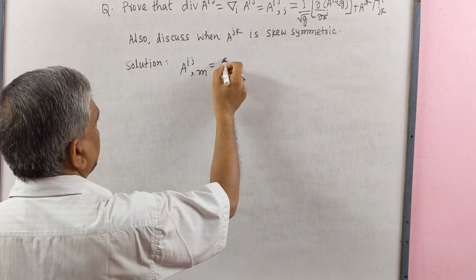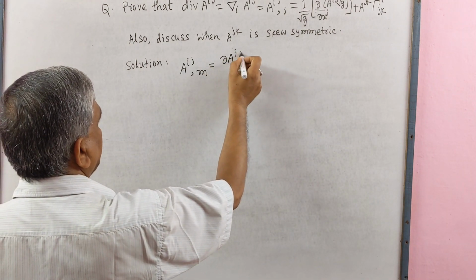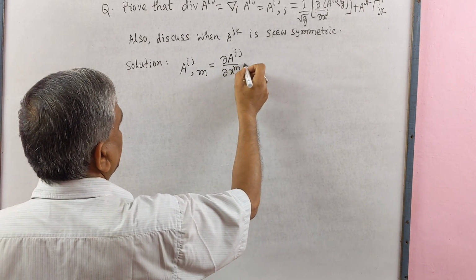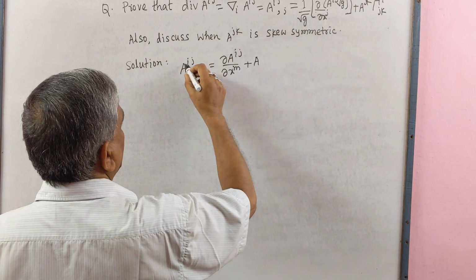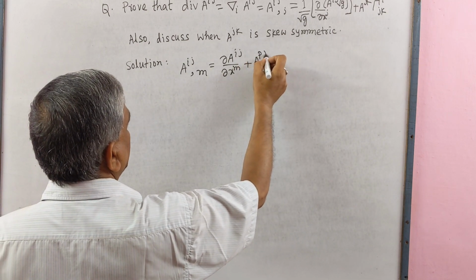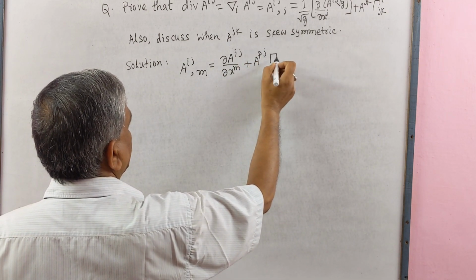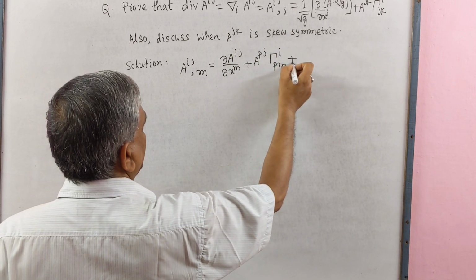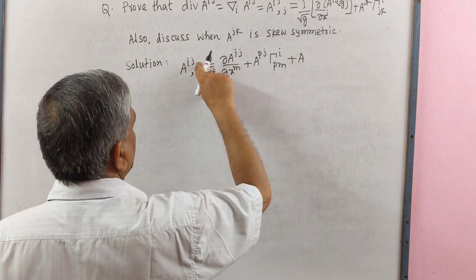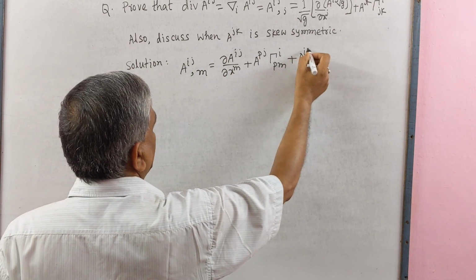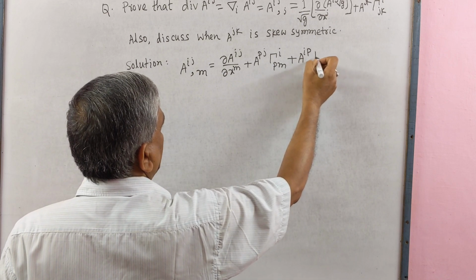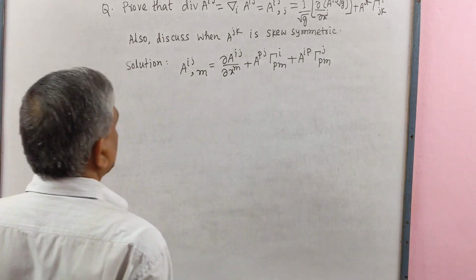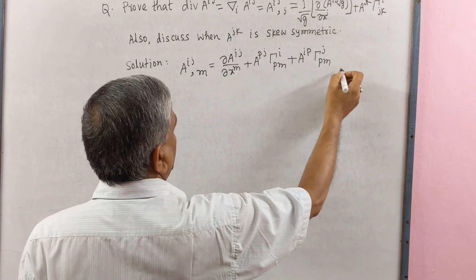This is equal to del A^ij by del x^m plus A^pj, replacing i by p, Christoffel symbol of the second kind {i, pm}, plus, now replacing j by p, A^ip {j, pm}. This is number 1.